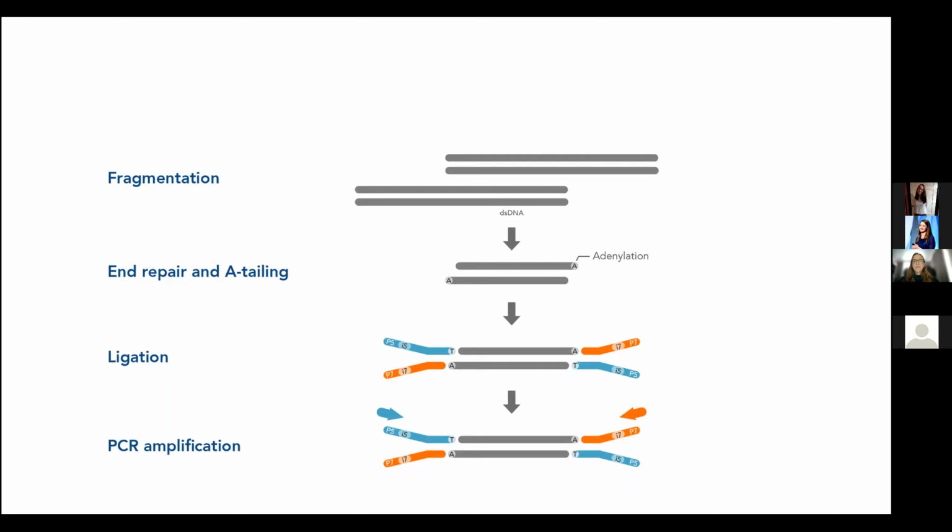It's also done to ensure that in the next step, the adapter ligation will occur properly, because adapters usually have a T-tail, so they would attach to the adenine tail.